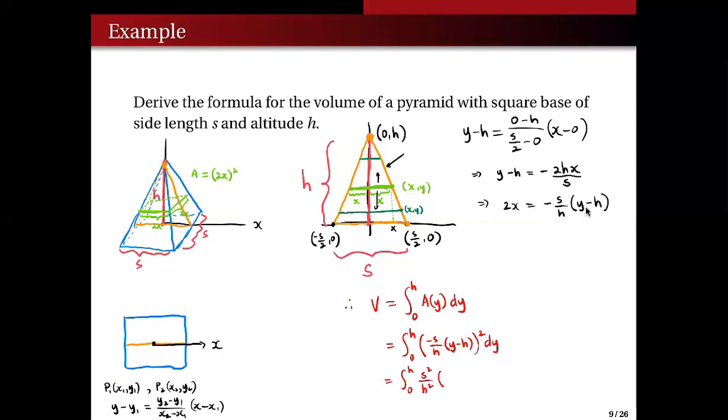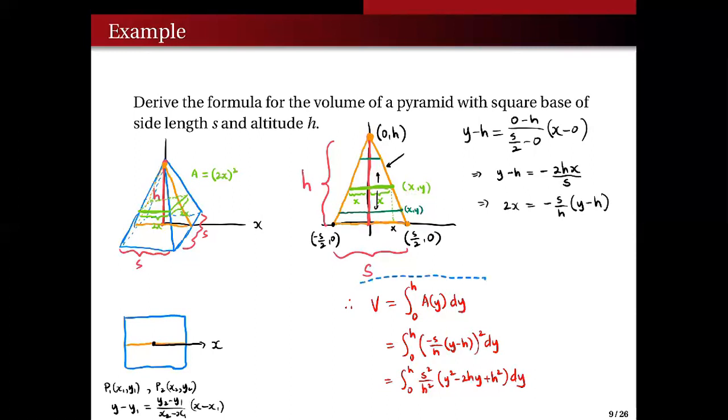Let us expand this y minus h, quantity squared. We'll get y squared minus 2hy plus h squared. And then you have the dy.